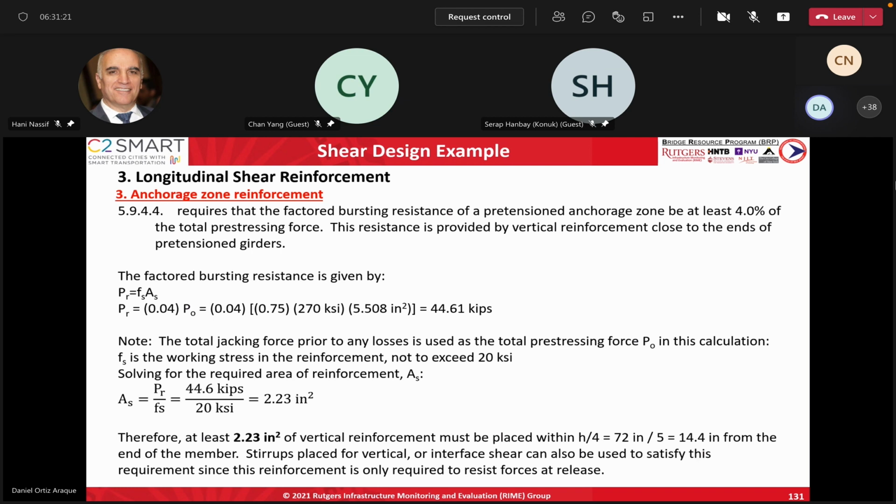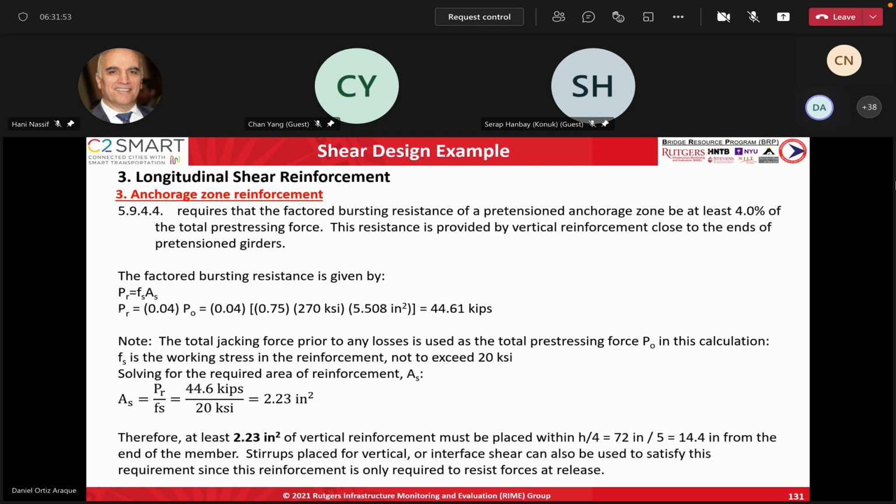And now is a quick look into the anchorage zone reinforcement. We require that the bursting forces, I mean, when we cut the tendons, this force will burst the concrete apart. So we need to provide some additional stirrups here to make sure that this doesn't happen. For that, we need the bursting force, which is given in this formula from the AASHTO.